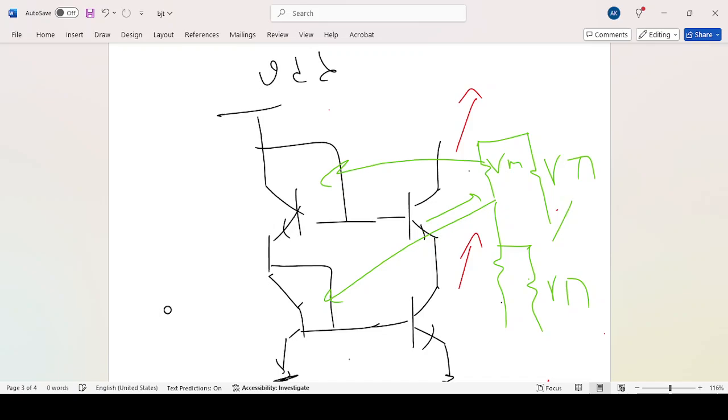So when this goes up, this goes up and this goes up, so it will be up, up, up, down, and down. So you do not have an increase in the voltage.